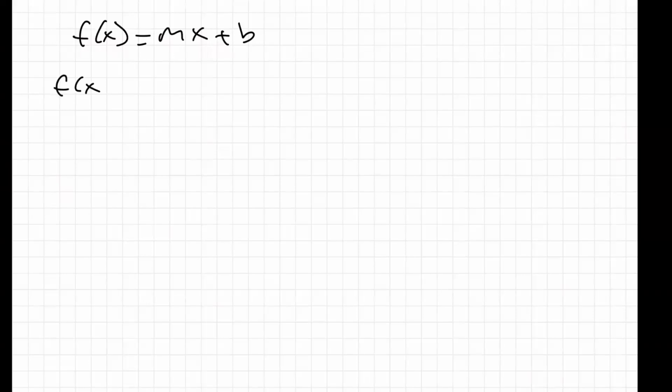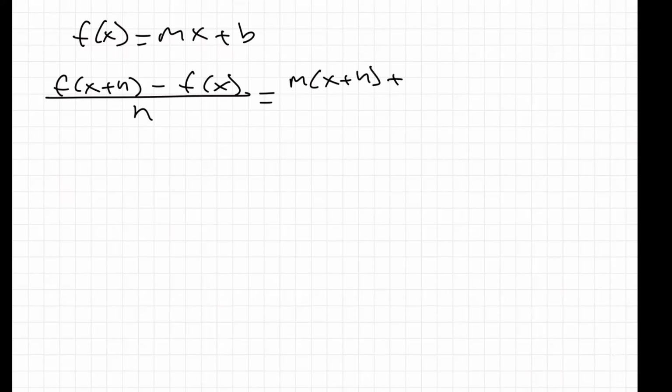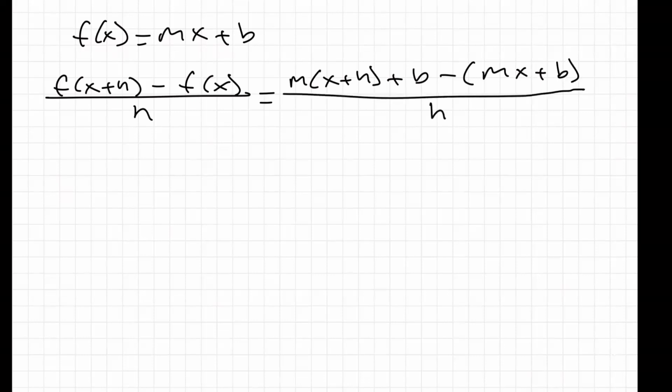So we come over here and say, hey, f of x plus h minus f of x all over h. We'll have m times x plus h plus b minus mx plus b. Instead of breaking it up, I just plugged it in from the beginning. Make sure you see here, from the x plus h perspective, we have to distribute that m.